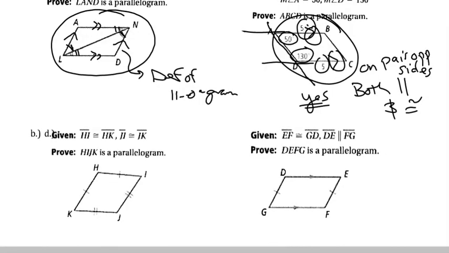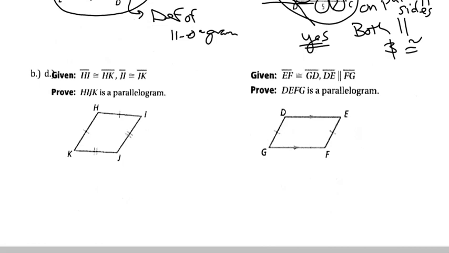Now the next one, on this one right here, I'm tempted to say yes because the opposite sides are congruent, but look, that one is congruent to this one, and that one's congruent to that one. I can show you a counterexample like this. Congruent, congruent. That's a kite.